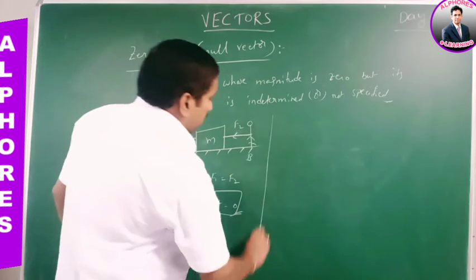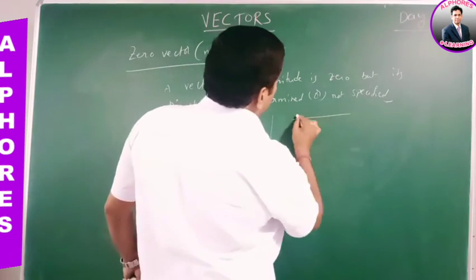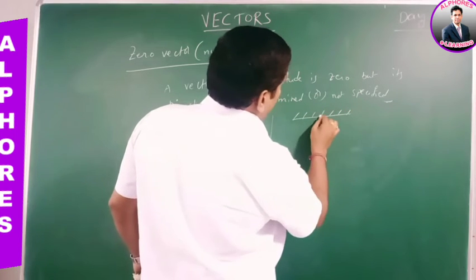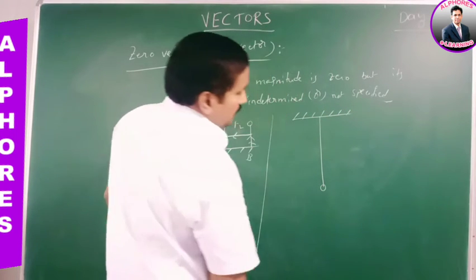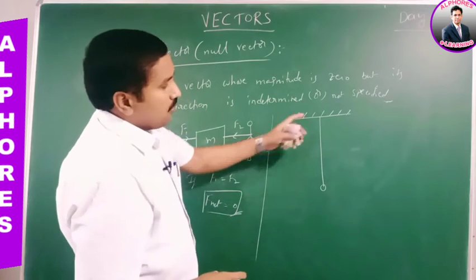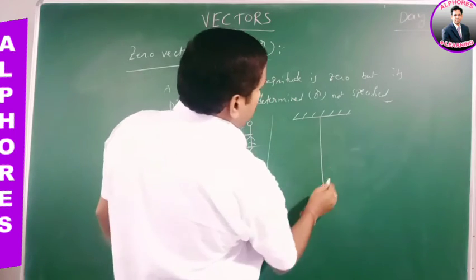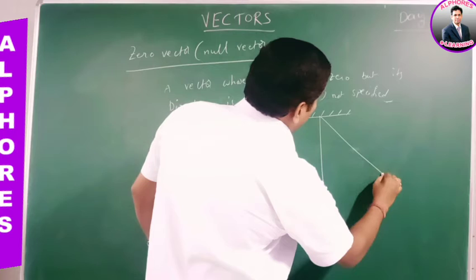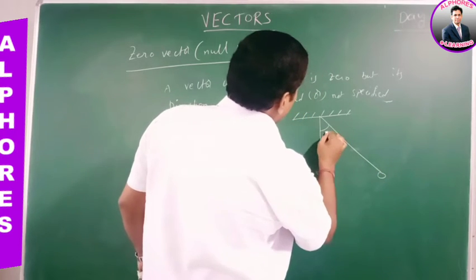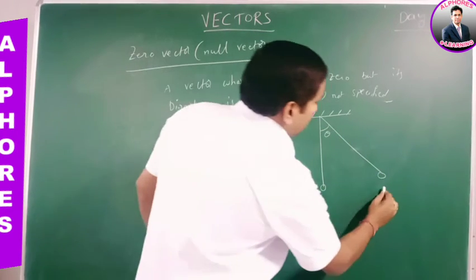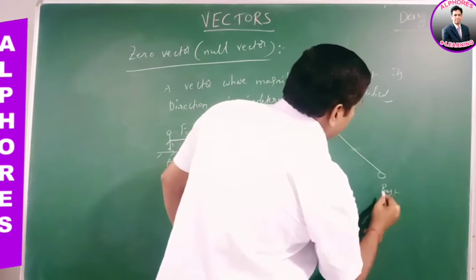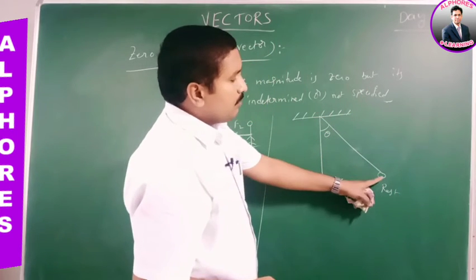Otherwise, I am giving another example for the zero vector. This is a bob which is suspended from the roof. Now listen all of you. Suppose this bob is displaced through an angle theta. At this angular displacement it is at rest only, meaning at the maximum extreme position the bob is at rest.